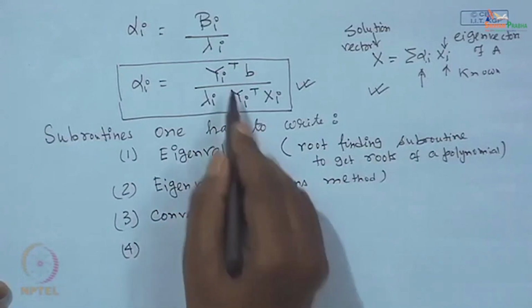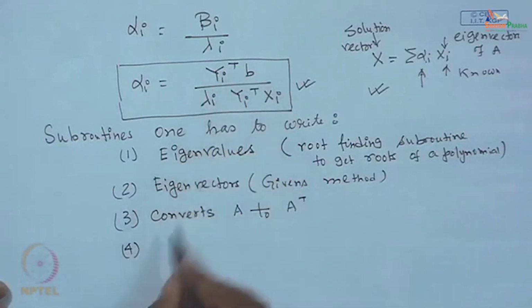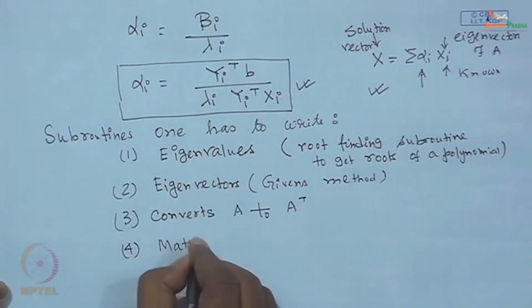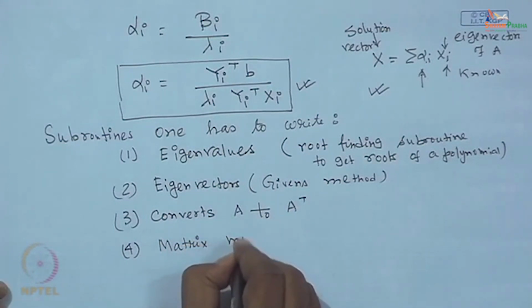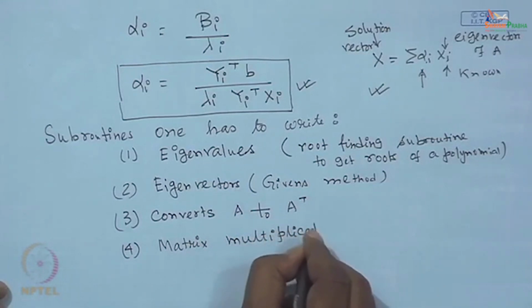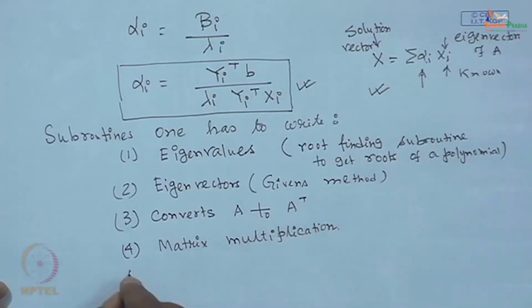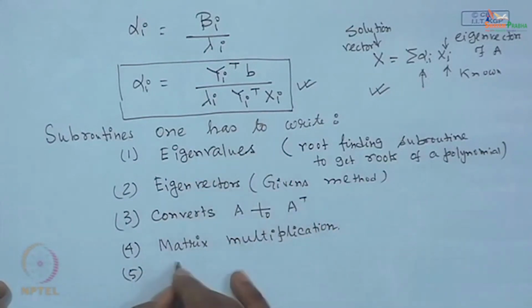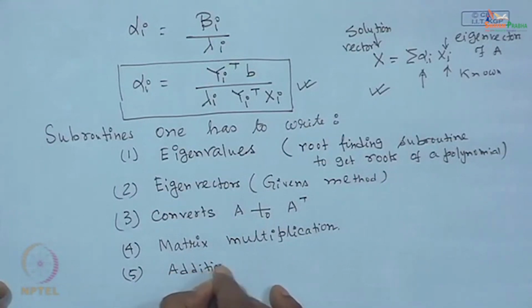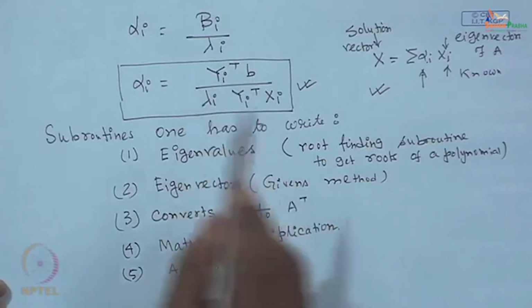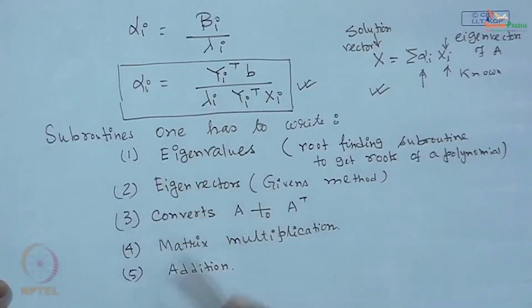Then second, a program for matrix multiplication. Next you need a program for addition, because whenever you multiply, you have to multiply the corresponding elements and add them up.